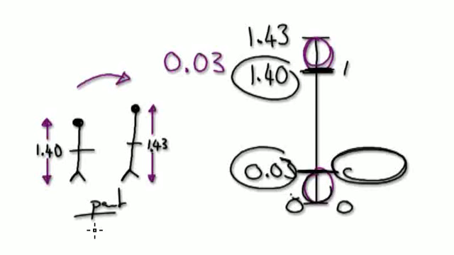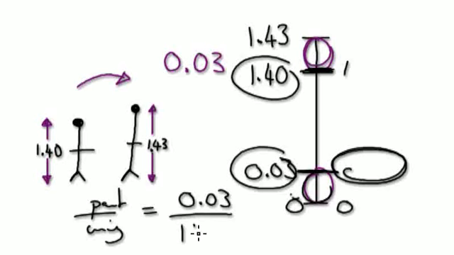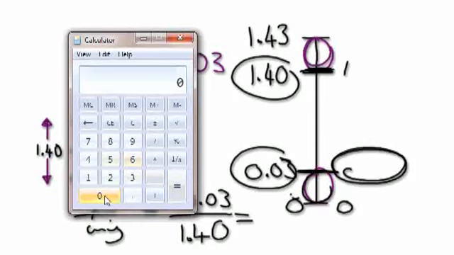So part divided by original equals 0.03 divided by the original, which is 1.4.